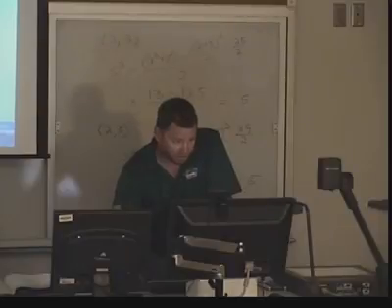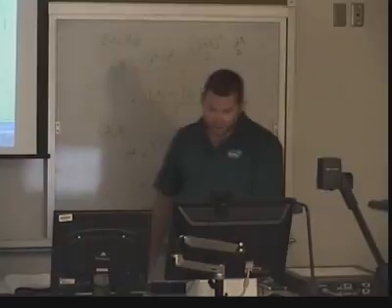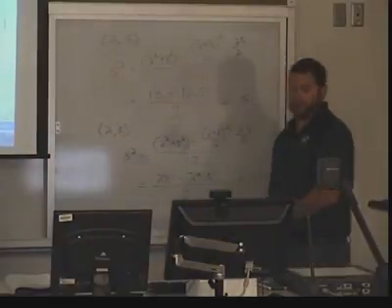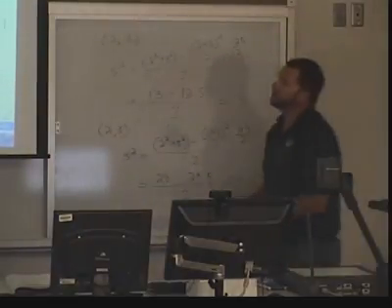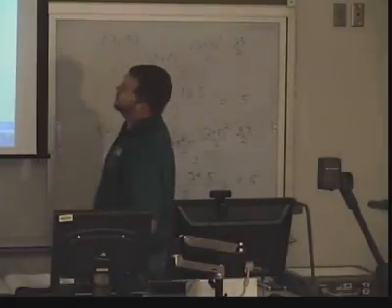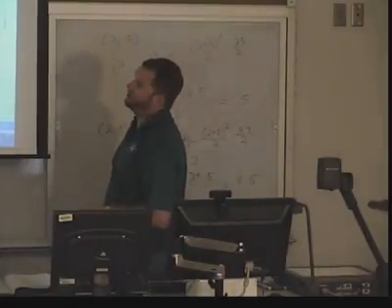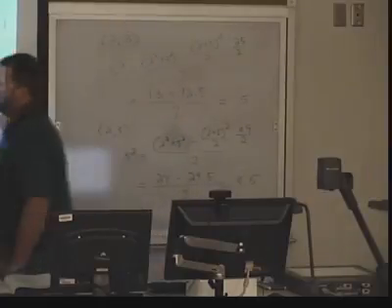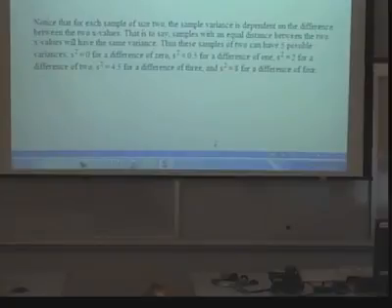Okay, it says, notice that for each sample size 2, the sample variance is dependent on the difference between the two x values. That is to say, samples with an equal distance between the two x values will have the same variance. Right? So 2, 5 or 2, 4 would have the same variance as 1, 3, right?